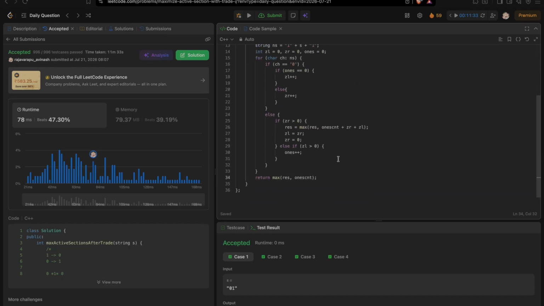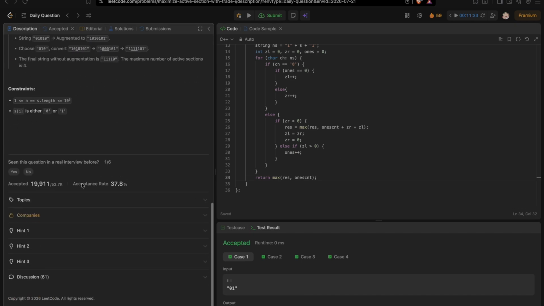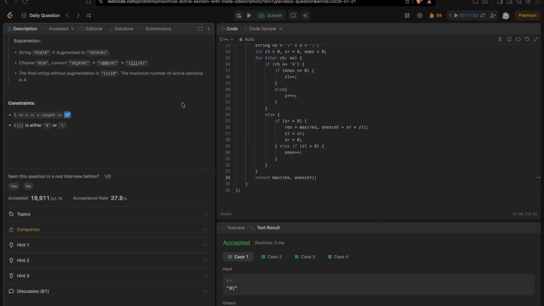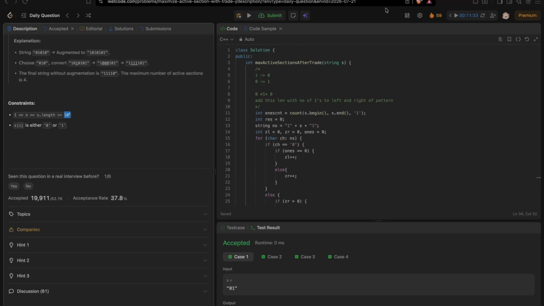The complexity is the same. So yeah, we are good for the given constraints. S can be up to 10 power 5, so O of n is fine. S of i is either 0 or 1, so we don't need to worry about any other character. Bye.